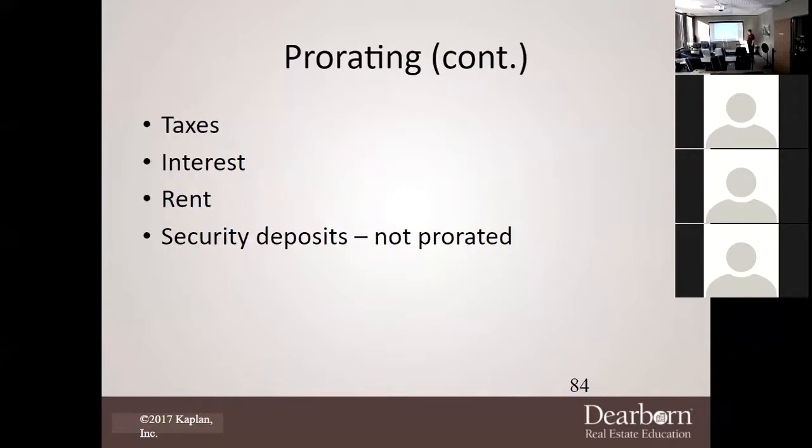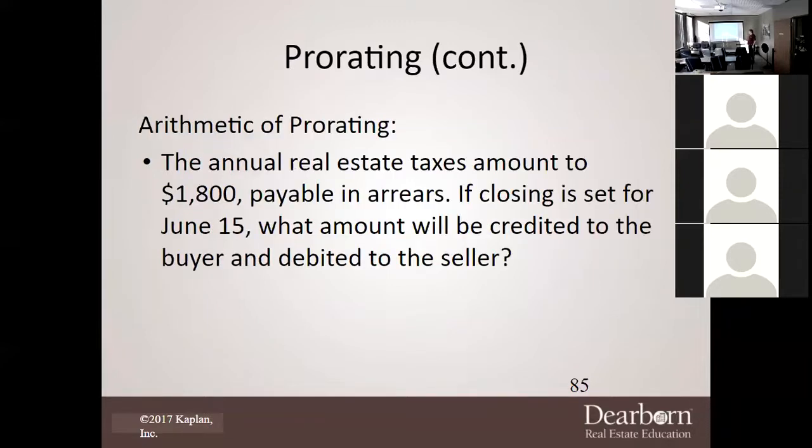Again, the ones that are often prorated, we've talked about this before, are taxes, interest, rent, and security deposits. However, security deposits are never what? They're never prorated. Okay. However, it's still due because that person is assuming that house, so they get that money. You cannot prorate it.